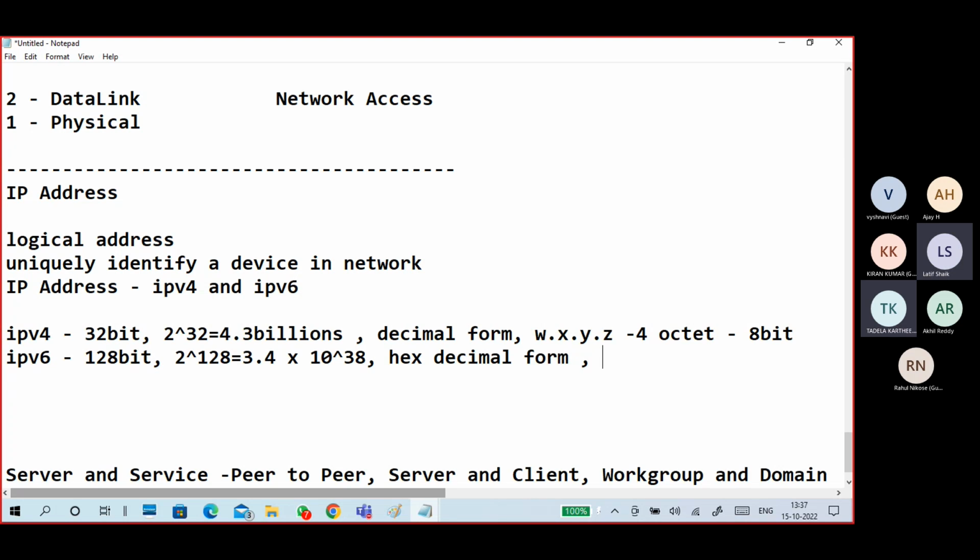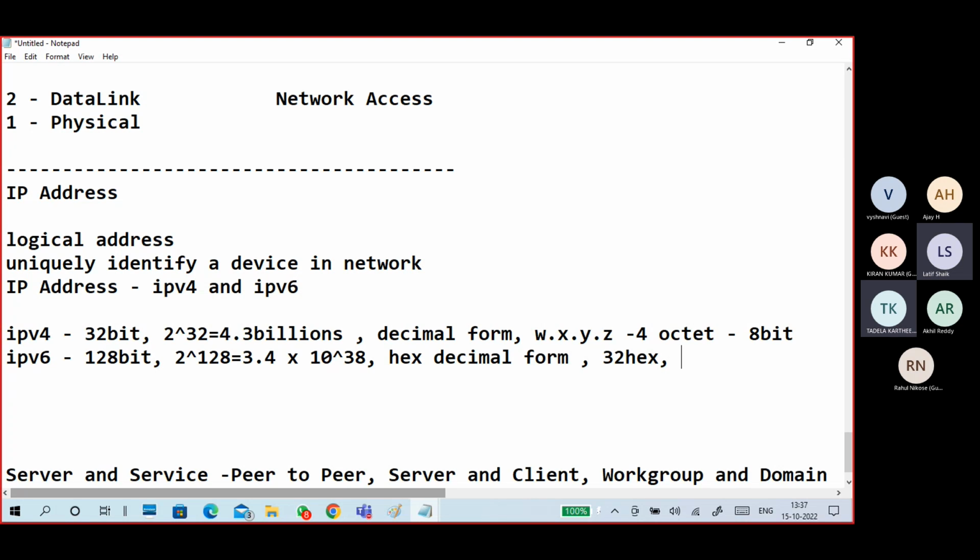It is totally 128 bits, right? It is represented in hexa, where 4 bits is one hexa number. One hexa number is 4 binary bits. It means 128 divided by 4, so 32 hexa numbers are there.